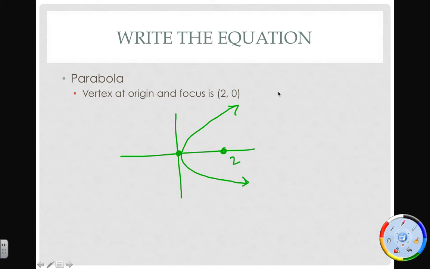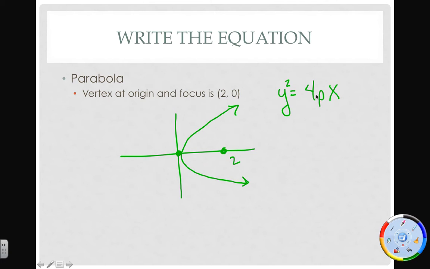And since it opens to the right, I automatically have the equation y squared equals 4px. Because it opens left or right, it's a y squared. And because it opens to the right, it's a positive version.